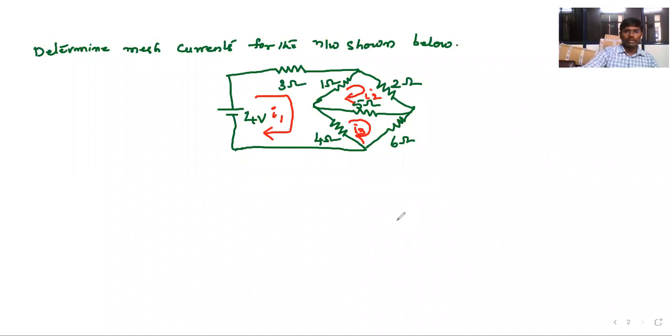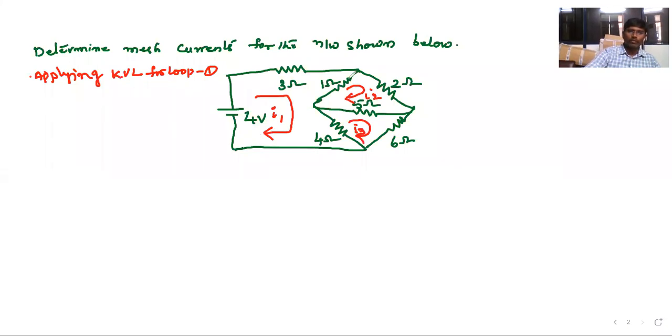Okay, so with this, you apply KVL for each loop. Applying KVL for loop 1, the algebraic sum of the voltage drops must be equal to the algebraic sum of the voltages supplied.